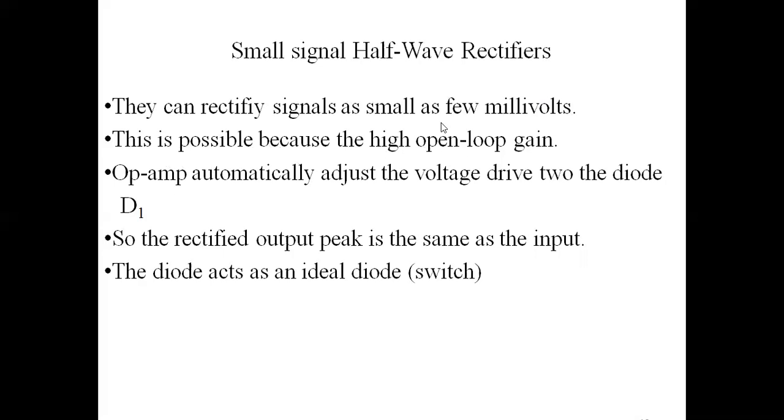This is possible because of the high open loop gain of the op-amp. The rectification of the small signal is possible because of the high open loop gain of the amplifier.